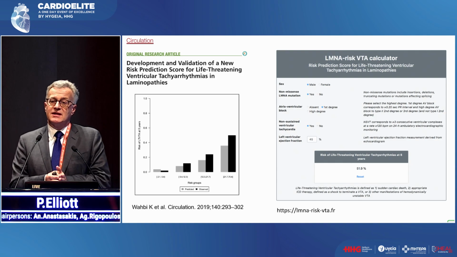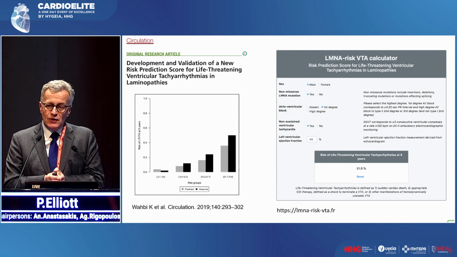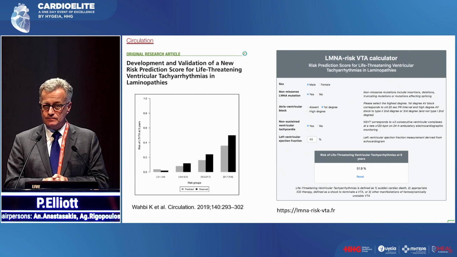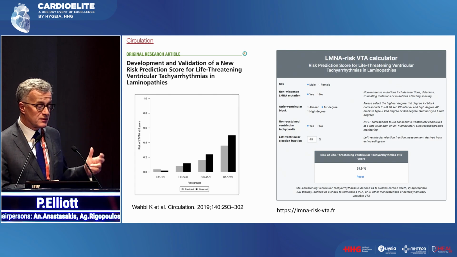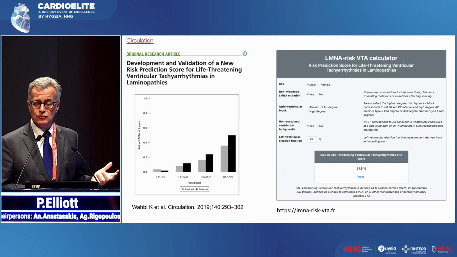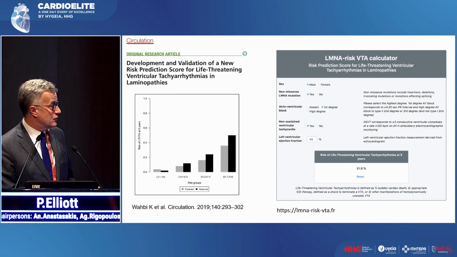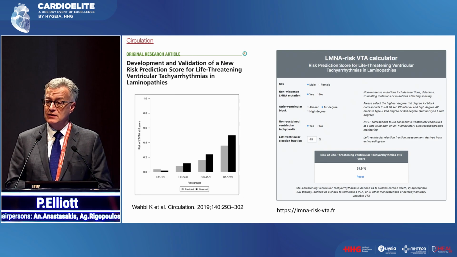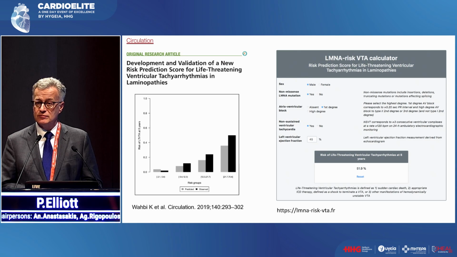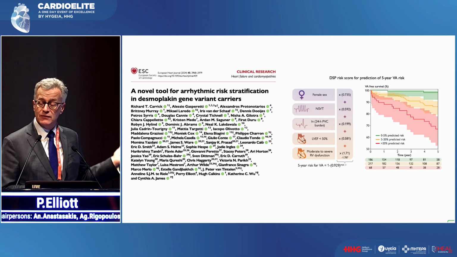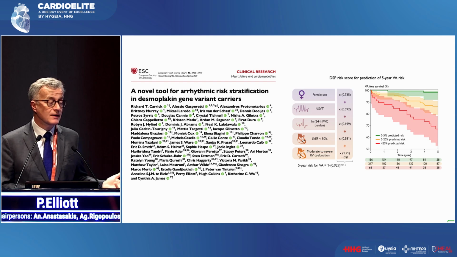So where this has led us is to say, okay, well, etiology is really important when you're planning therapy. And we've developed, using the same kind of tools that we developed for hypertrophic cardiomyopathy, tools for not DCM, but lamin-related heart muscle disease, for example. So you can estimate the risk of sudden cardiac death. We've done it for desmoplakin, we've done it for filamin.